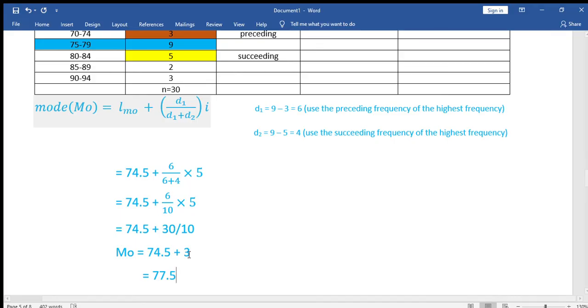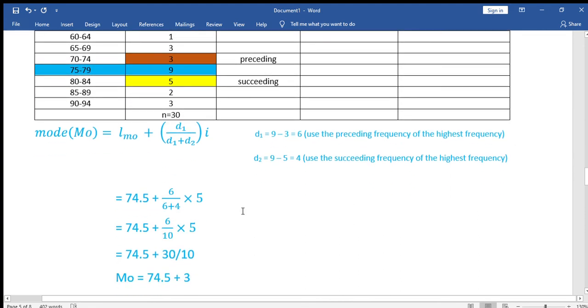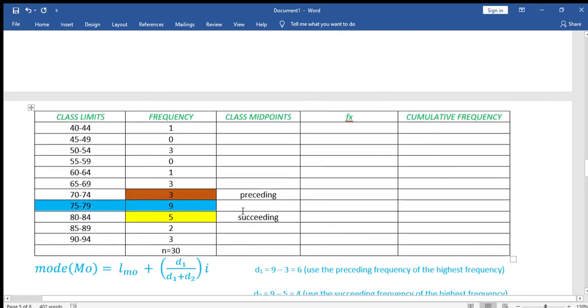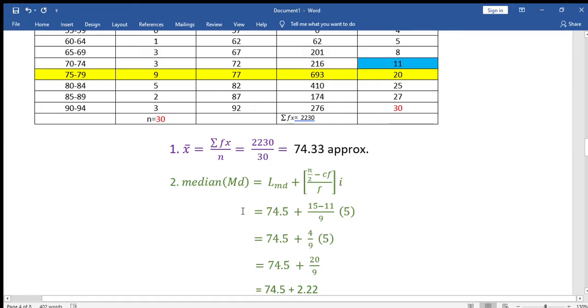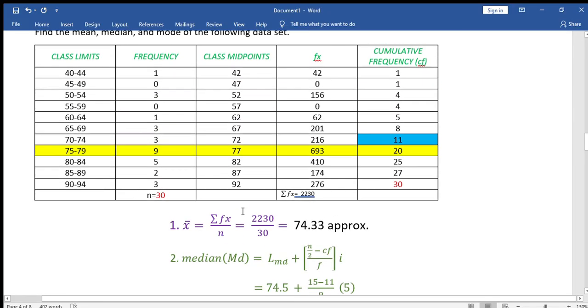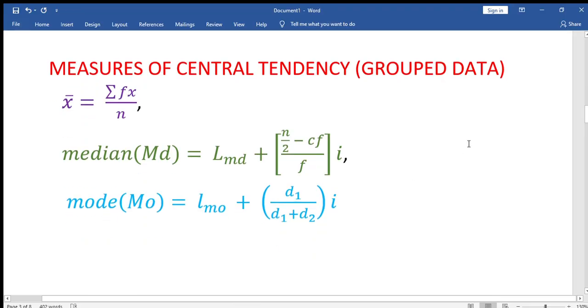By inspection, 77.5 is still within the range of 75 to 79 because this is our modal class. Okay, so that's how we compute the mode, the median, and the mean using measures of central tendency using grouped data formulas. Thank you.